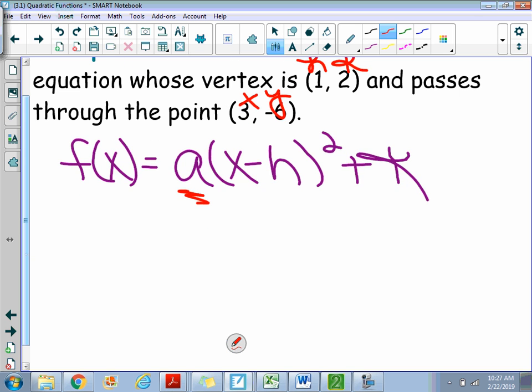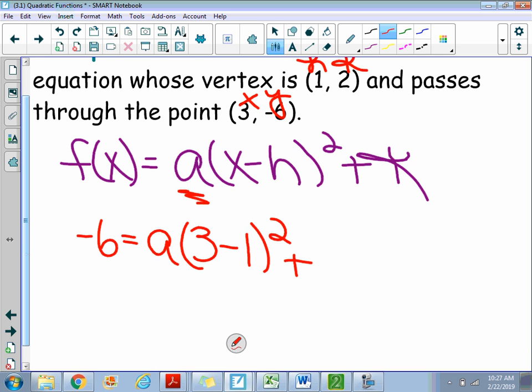Okay. So y is a times x, which is 3, minus h, squared, plus k. So negative 6 is equal to 3 minus 1, which is 2, 2 squared is 4, so 4 times a plus 2.